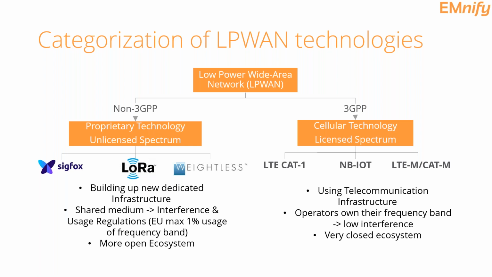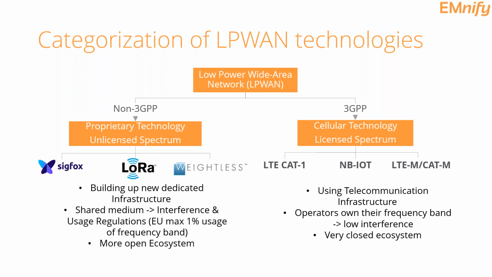None of them are standardized by 3GPP, but they either have an open specification available or use closed ones. But at the end, it's really three technologies which did not have any infrastructure before. So in all these initiatives, new infrastructure is built up, especially for this use case, optimized really for these low power, low data devices.